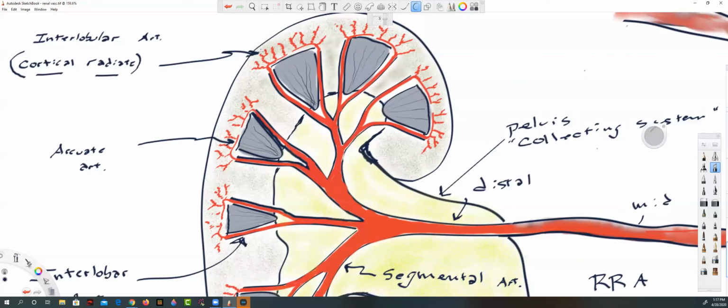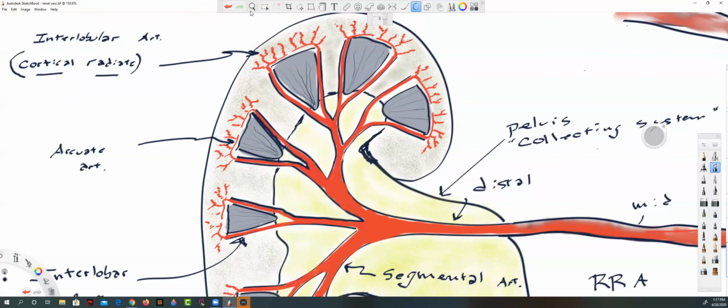And as we go even further, and we're not going to do that today, we go down in the cortical radiate arteries. Those arteries eventually feed the nephron themselves. So our nephrons, the business end of the nephron, is up here in the cortex. The collecting tubules are in the medullary pyramids. You know what?